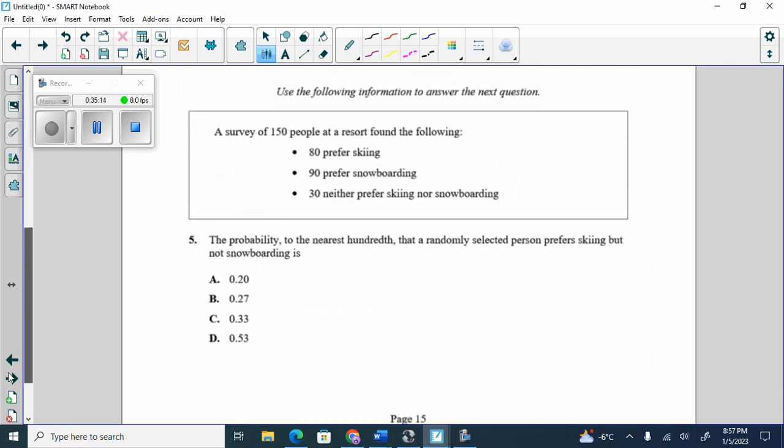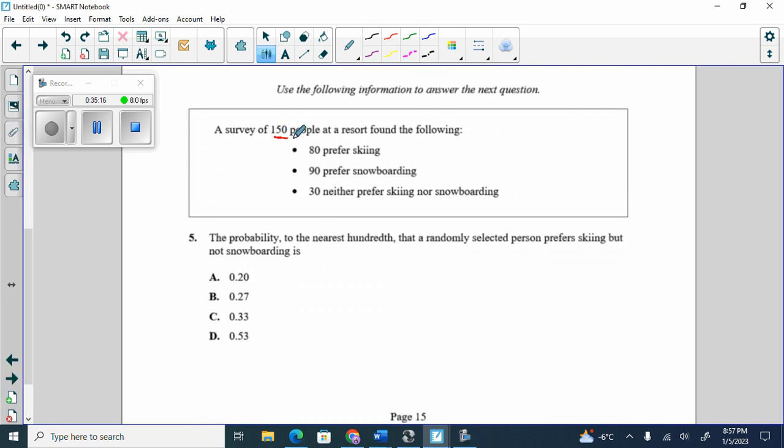Next one. A survey of 150 people at a resort found the following. 80 preferred skiing, 90 preferred snowboarding, 30 neither preferred skiing nor snowboarding.